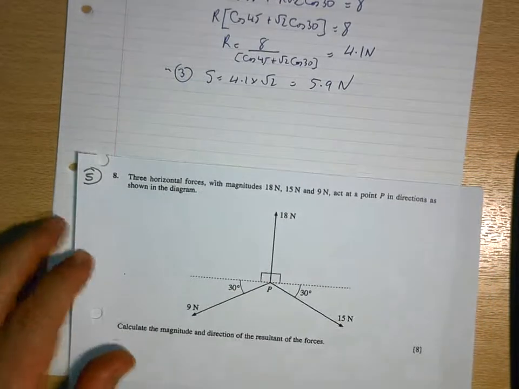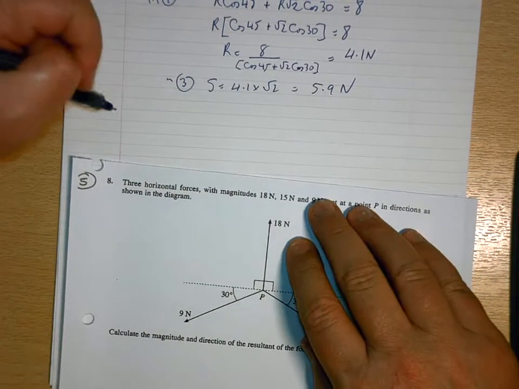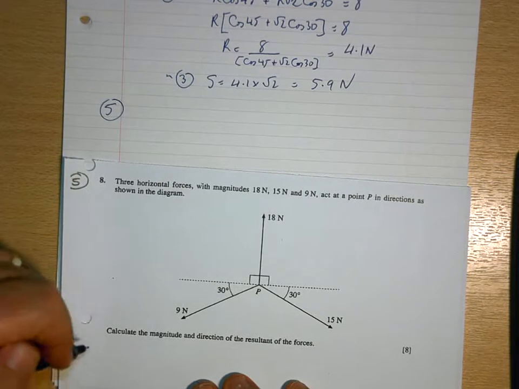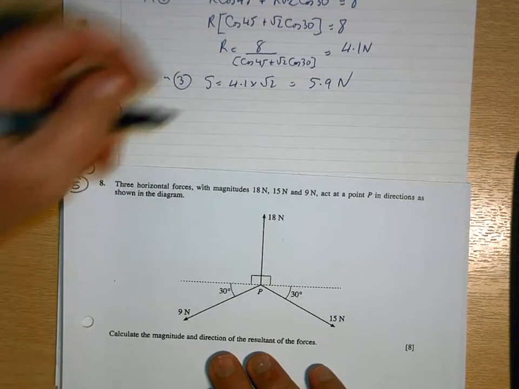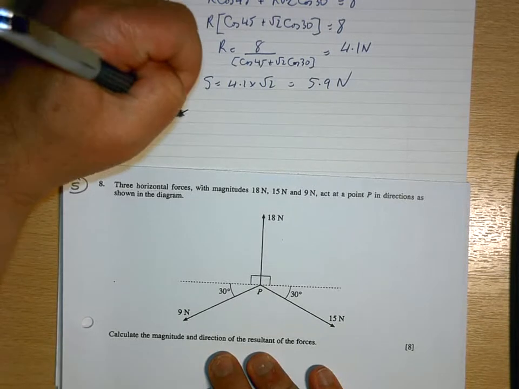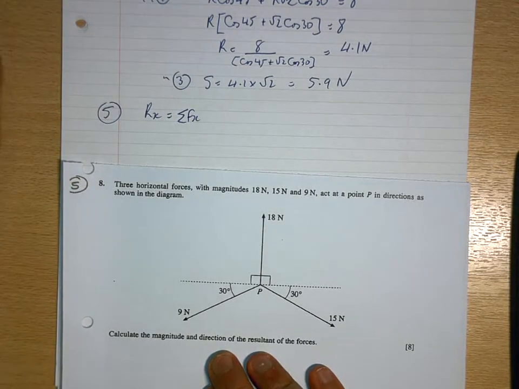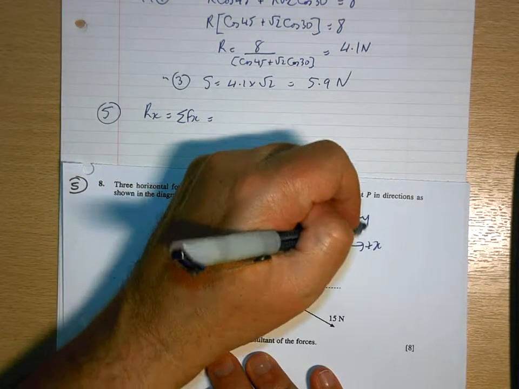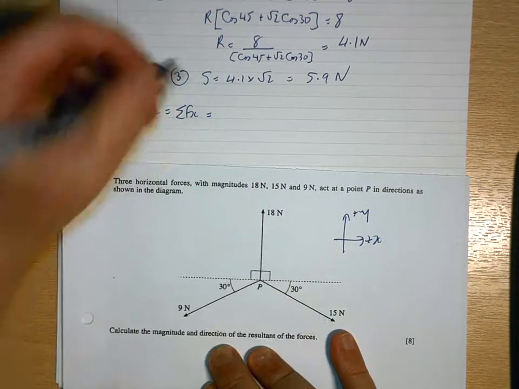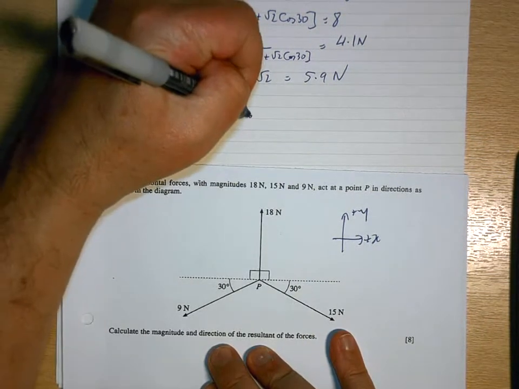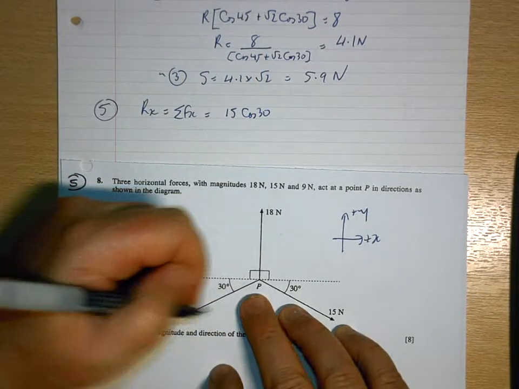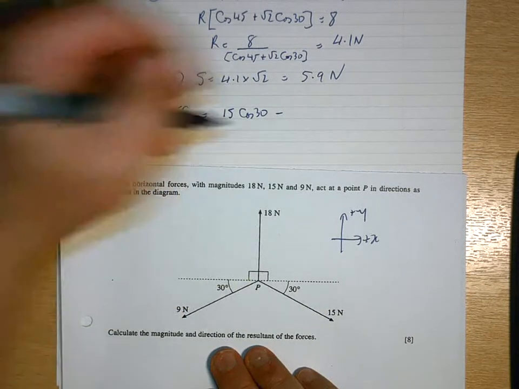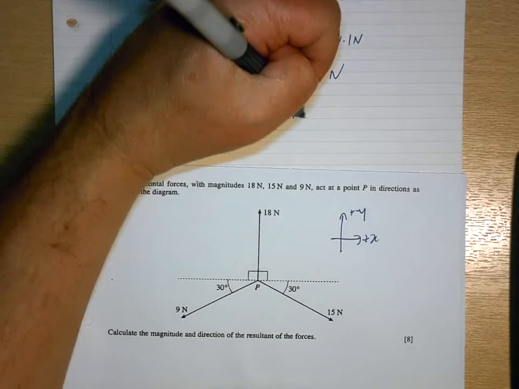Question 5. 3 horizontal forces, 18, 15 and 9 act at a point. So this is a resultant one again. So the x component of the resultant is the sum of the horizontal components: 15 cos 30 minus 9 cos 30.